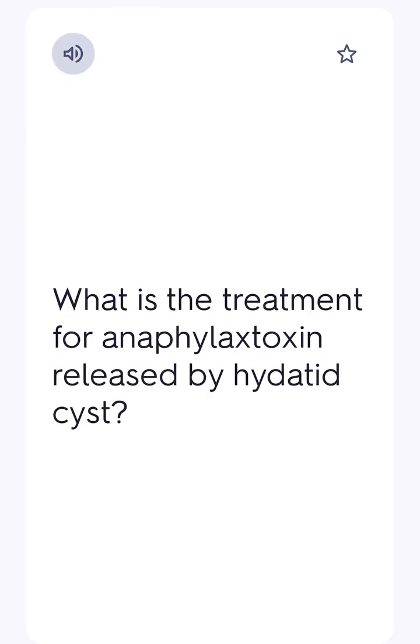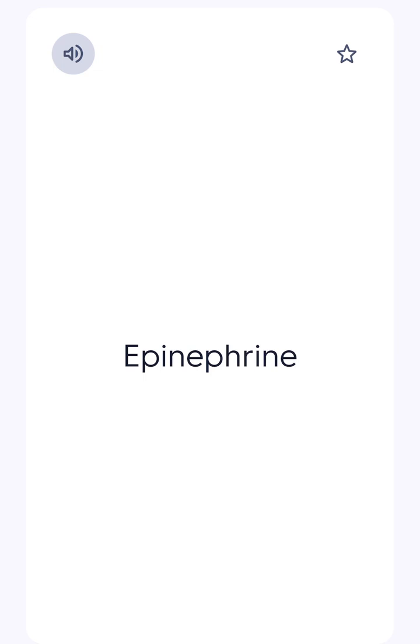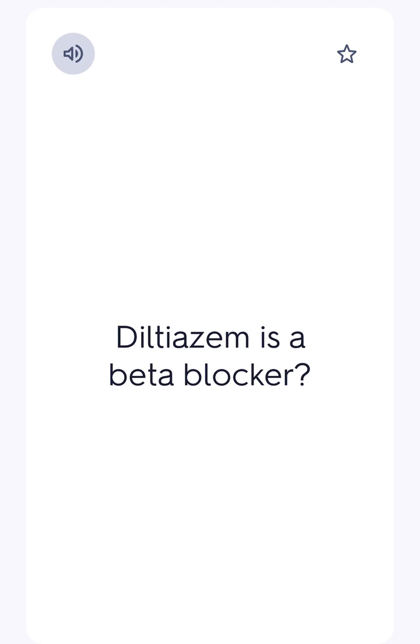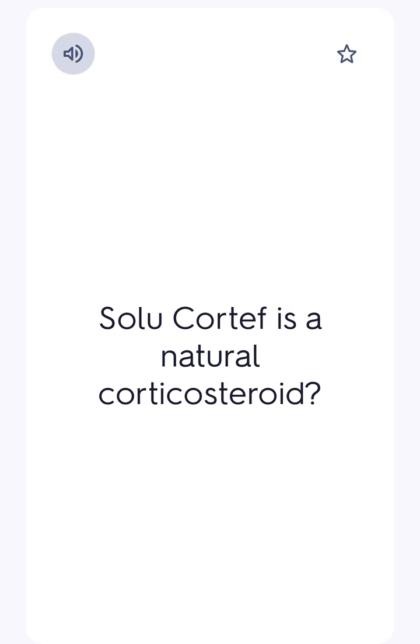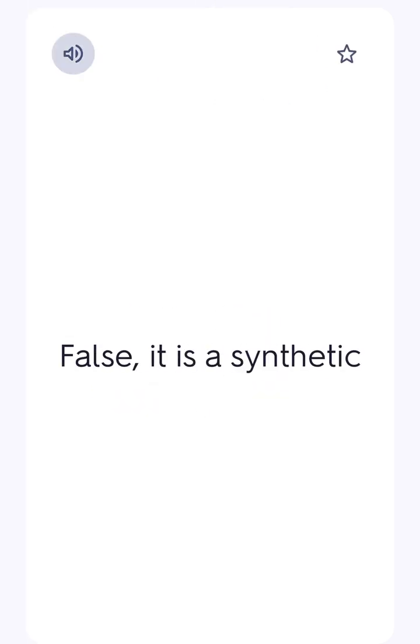What is the treatment for anaphylaxis toxin released by hydatid cyst? Epinephrine. Diltiazem is a beta blocker? False, it's a calcium channel blocker. Hydrocortisone is a natural corticosteroid? False, it is a synthetic.